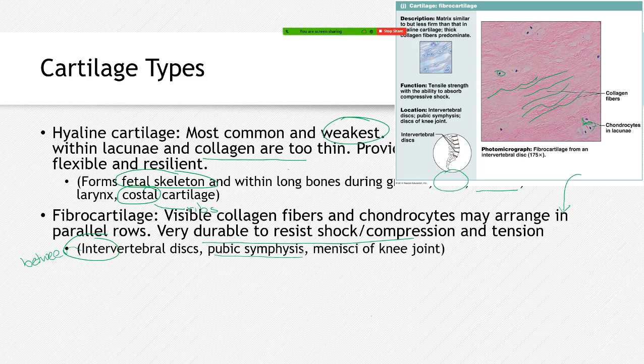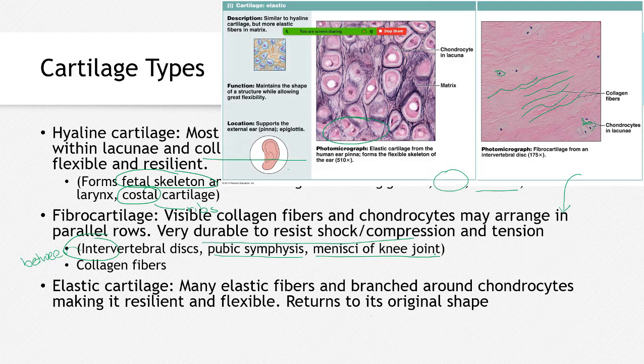The pubic symphysis is the structure that will connect on the anterior or the front portion of the pelvic bones. We'll take a look at that when we get into unit 2. And we also have the meniscus of the knee, which is found in the knee joint as well. We'll take a look at this later on in the next unit as well. Once again, you can obviously see the collagen fibers, and you can see the chondrocytes as well as the lacuna.